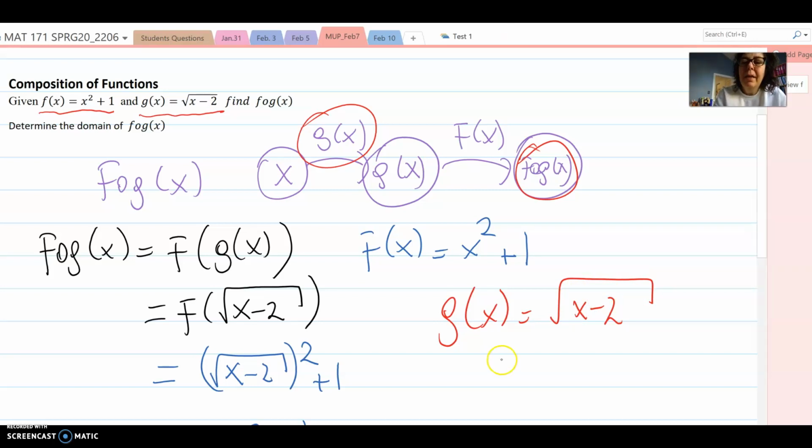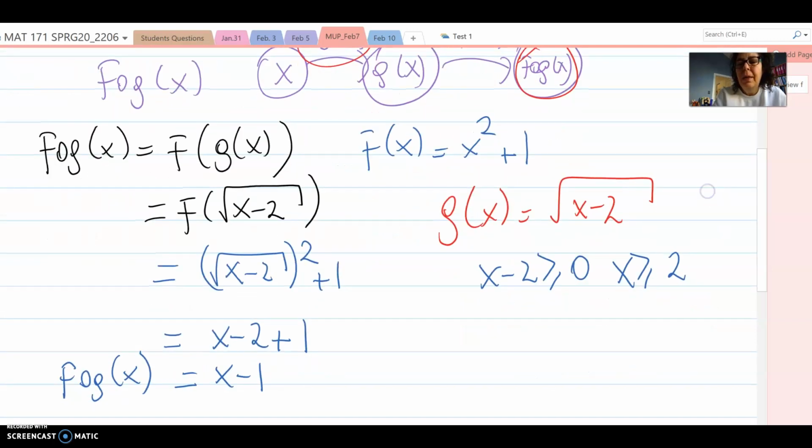That tells us that x minus 2 should be greater than or equal to 0. Let me not skip steps. So x should be greater than or equal to 2. It means that the domain of g is going to be 2 included to positive infinity.